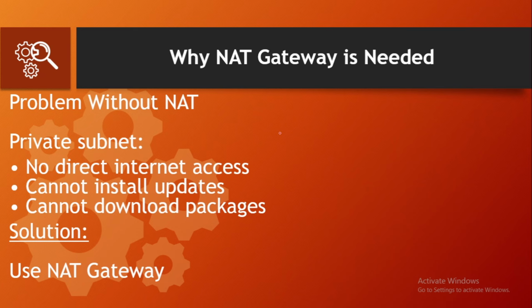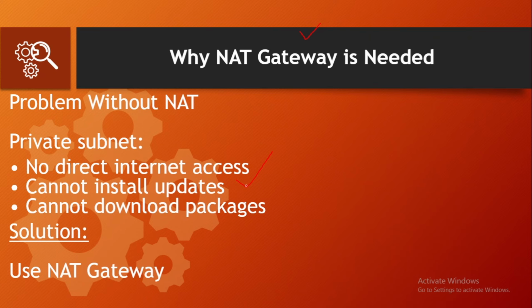Now let's understand why we even need a NAT gateway. When you place an EC2 instance in a private subnet, it does not have direct internet access. This creates some real problems. For example, you cannot install or download packages.